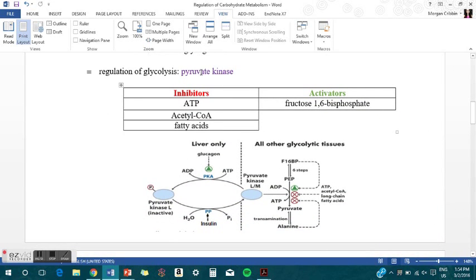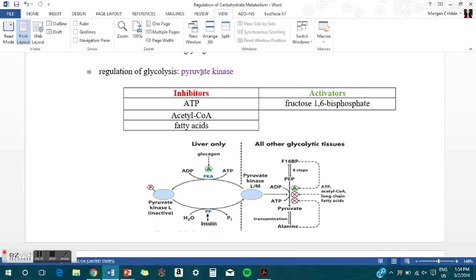All right, so we talked a little bit about hormonal control, and now we're going to go back to another regulator of glycolysis. So this is going to be pyruvate kinase. Most of the regulation steps we're going to see are involved in the molecules in which it's considered a one-way path.